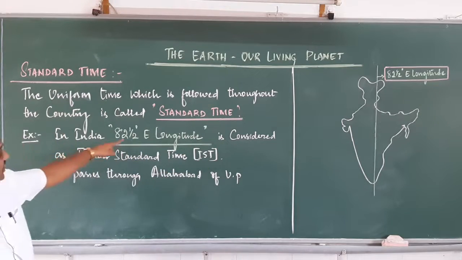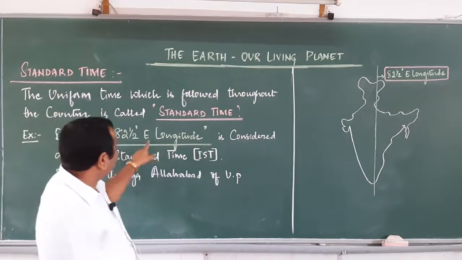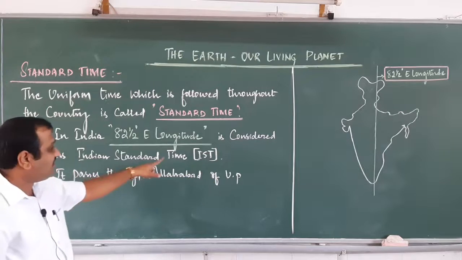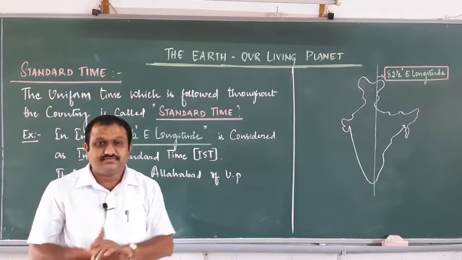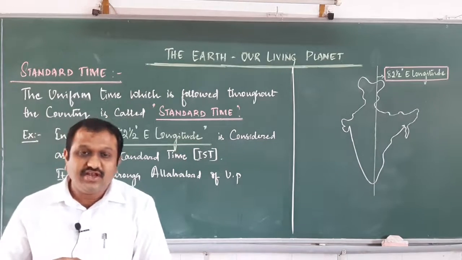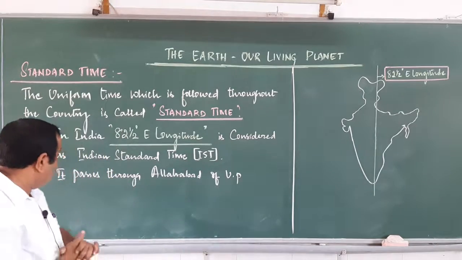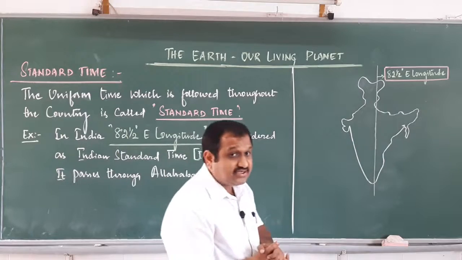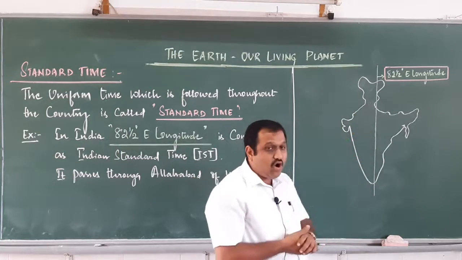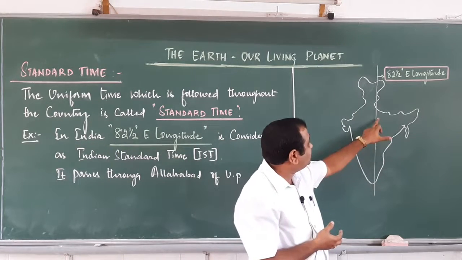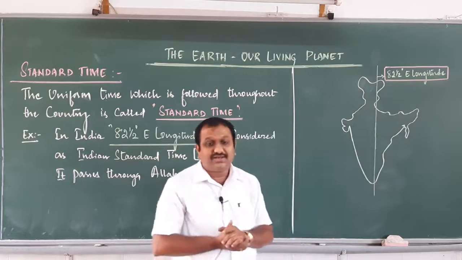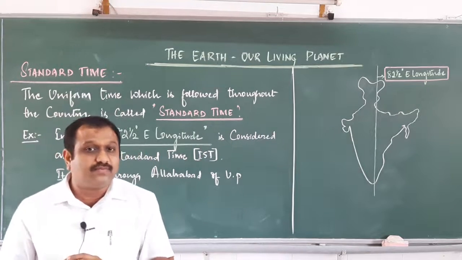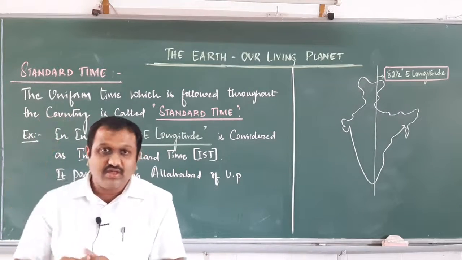In India, 82.5 degree east longitude is considered as Indian standard time, IST. This longitude passes through a city called Allahabad in Uttar Pradesh.